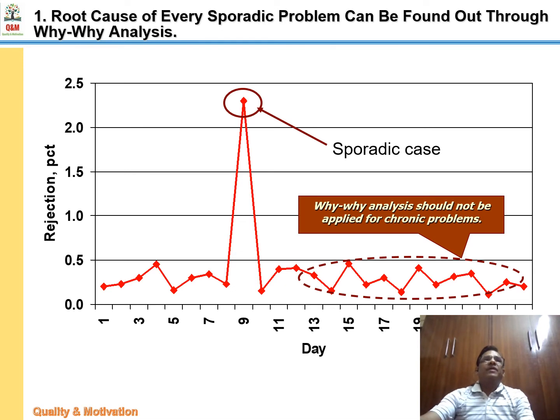Here, you can see a chronic problem has a similar type of trend every day, but in a sporadic case, we find a completely different phenomenon which occurs suddenly.